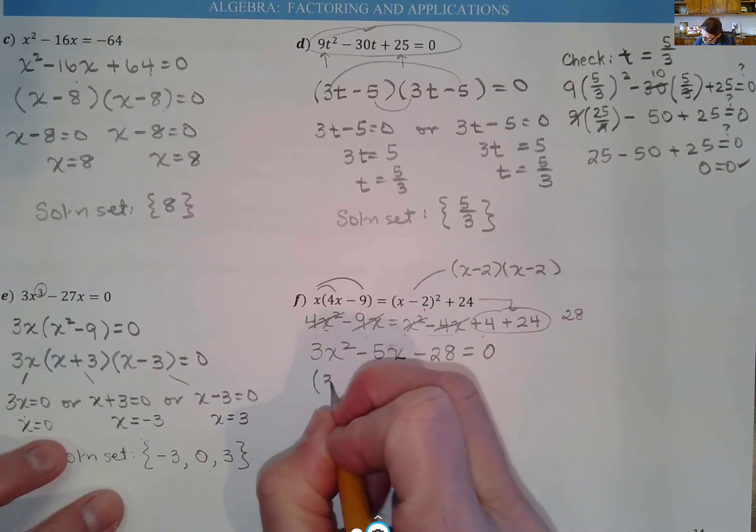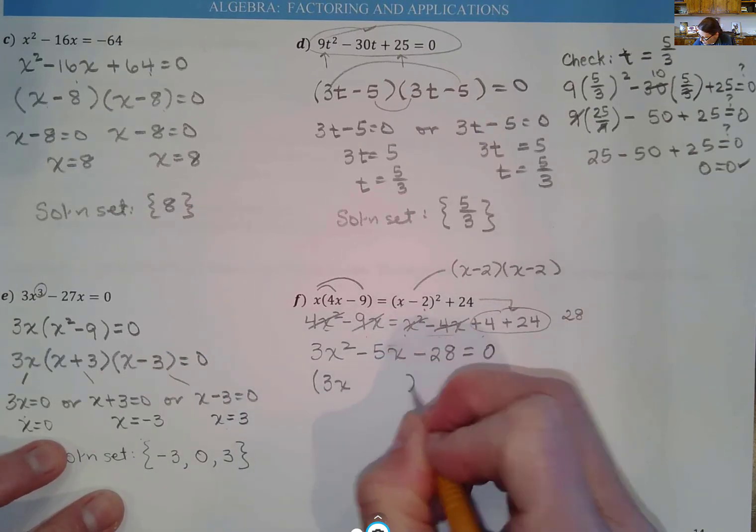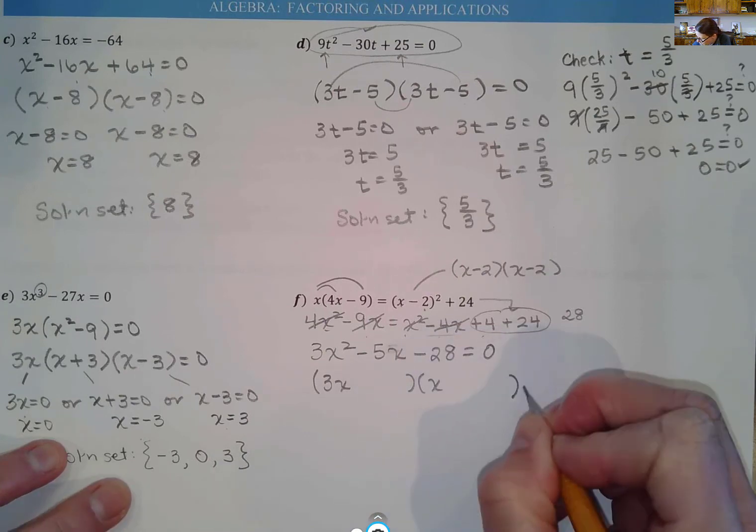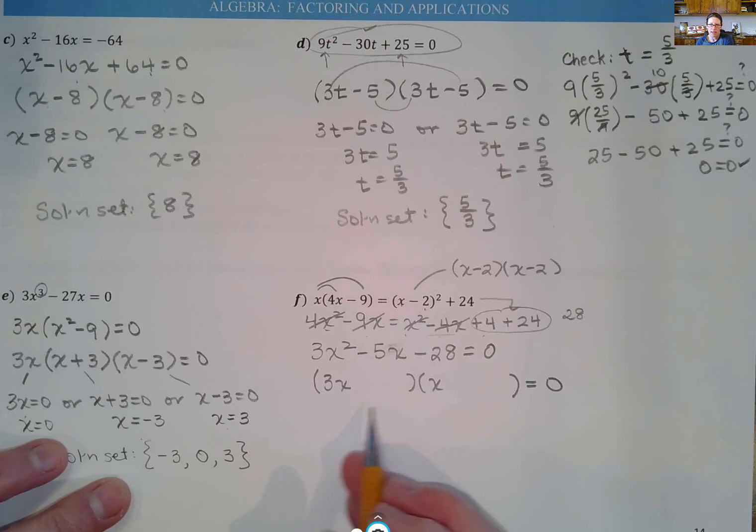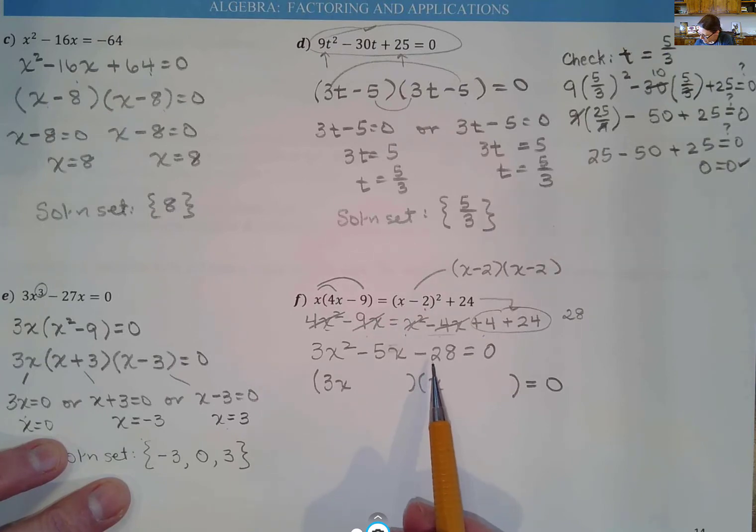Let's factor. Trial and error is a good option here because we know that our first terms are 3x and x. Now it's just a matter of finding our appropriate factors of -28. And I'm going to opt for working with 7 and 4.